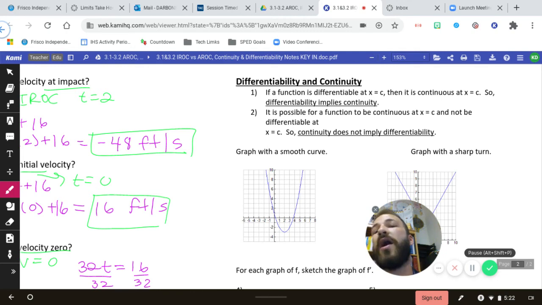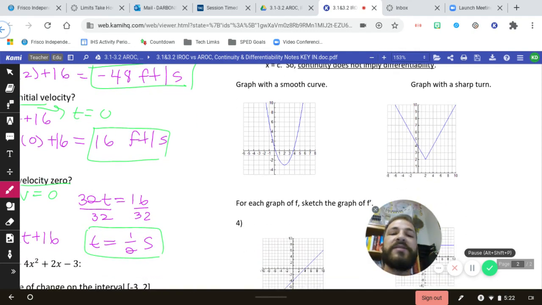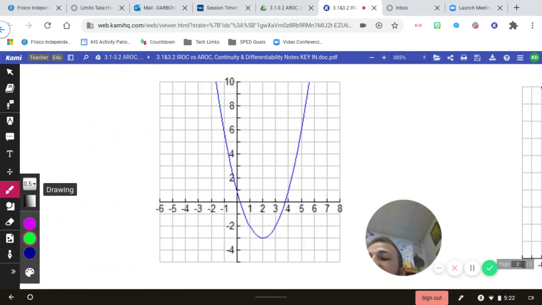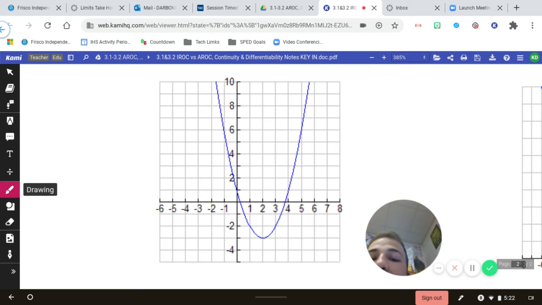The reason for this is these two situations: a graph with a smooth curve versus a graph with a sharp turn. I want you to think about what the derivative is. Well, the derivative is the slope. On my smooth curve, if I'm finding these slopes, the slope here is a pretty negative number. Slope here is going to be a little bit less negative. Slope here, a little bit less negative.